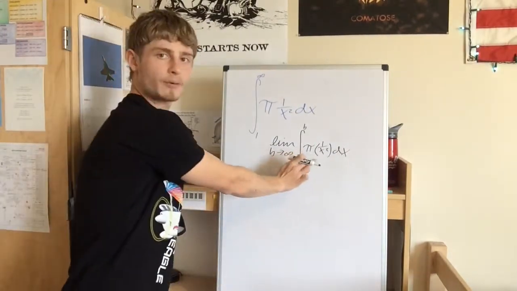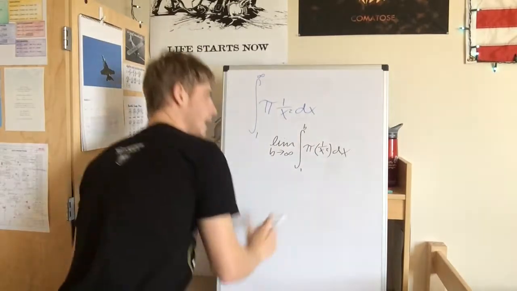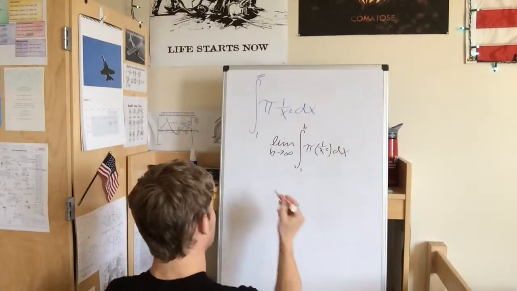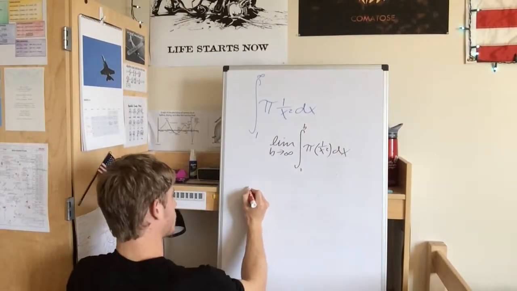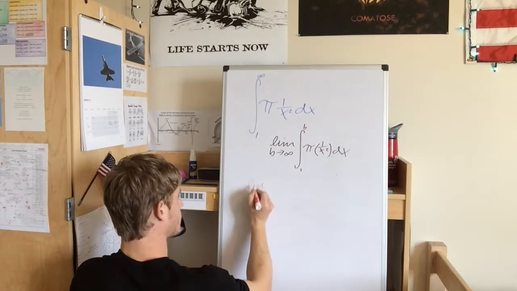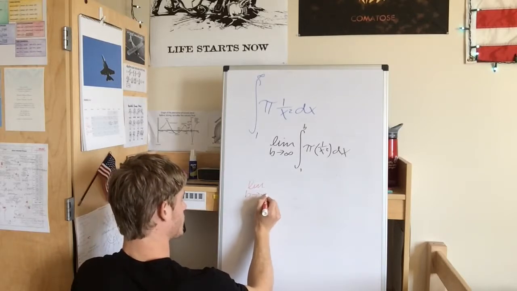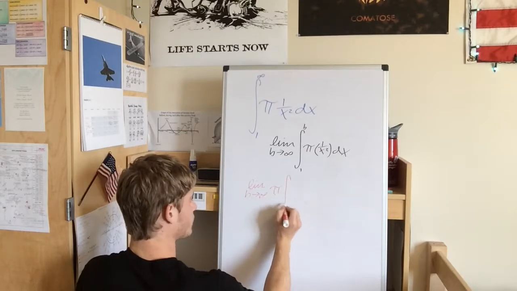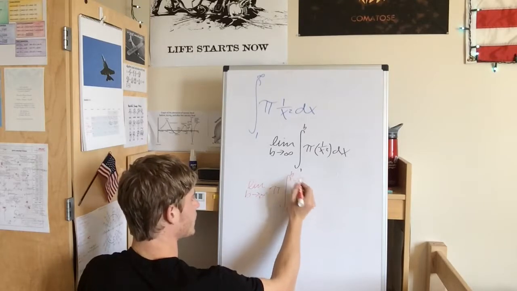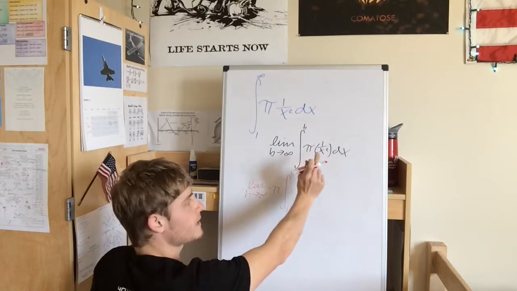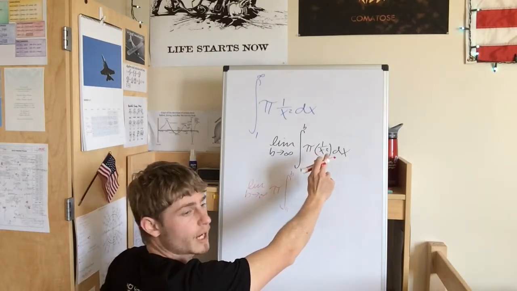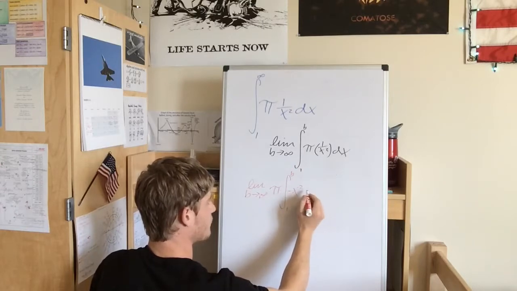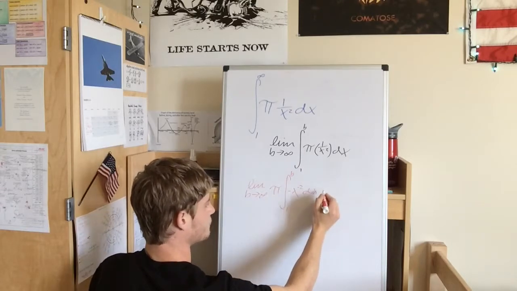Now, we can pull out pi because it's a constant, and we can evaluate this. So I'm going to skip a couple steps here. We're going to say the limit as b approaches infinity of pi times the integral from 1 to b, and we're going to write this as being x to the negative 2, dx.